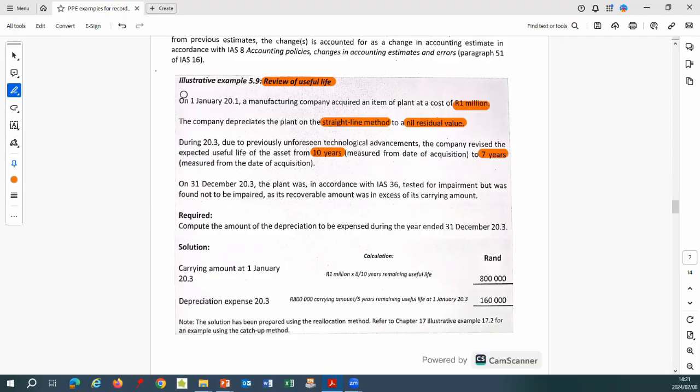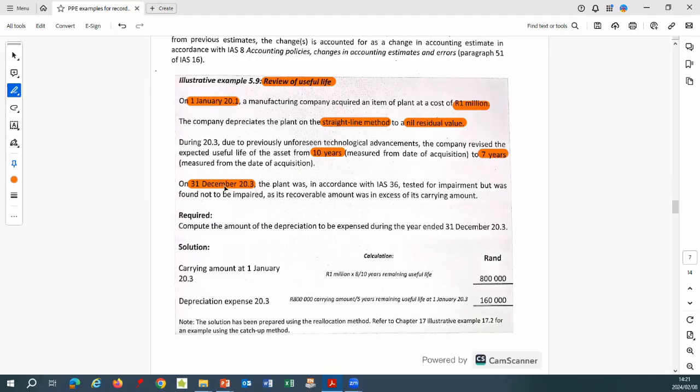Okay, so we purchased our item on the 1st of January 20.1. Our dates are very, very vitally important when it comes to depreciation. And we are now looking on the 31st of December 20.3. That is our financial year end.